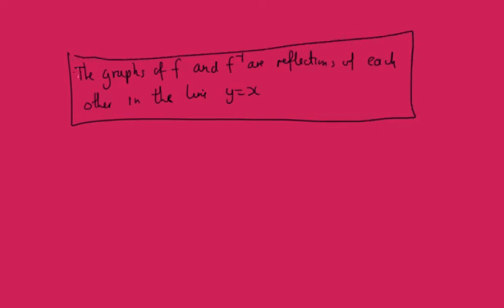This is important to remember. This is because f of the inverse of x, if you take the composite of the function and its inverse, equals x, which is the same as if you take the composite of the inverse and the function, that will also equal x.